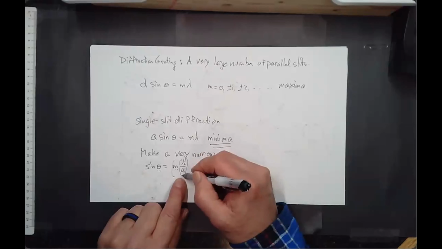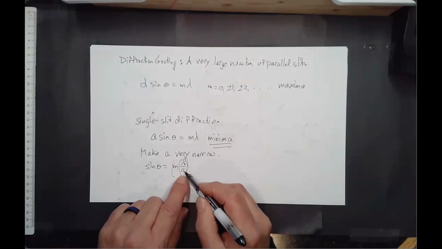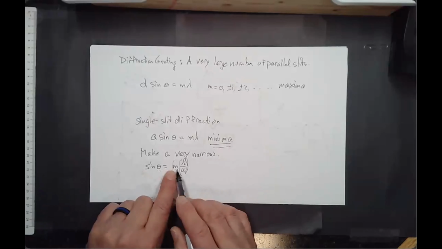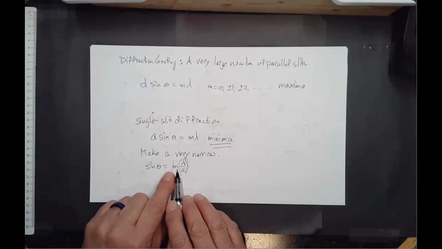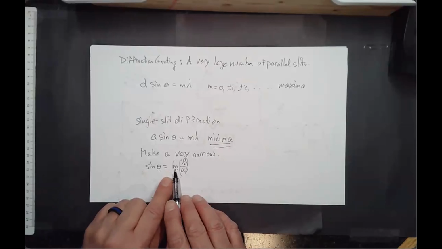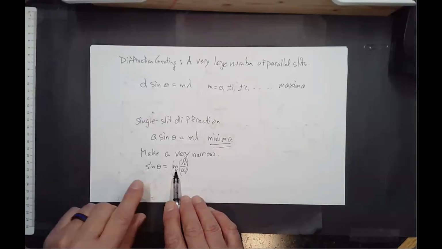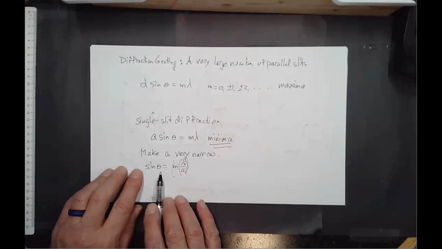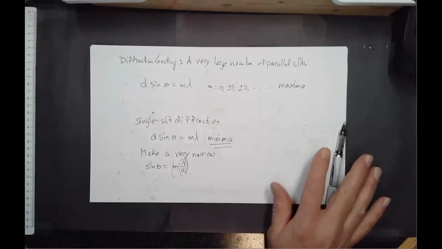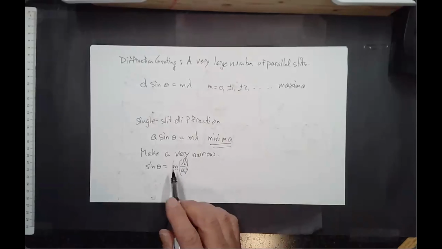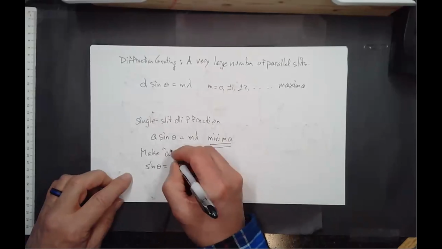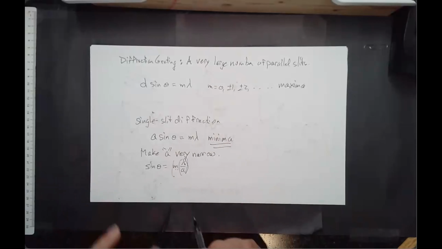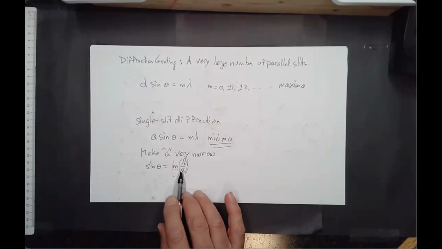But if lambda over A is equal to 1, the very first maximum you could see beyond the central maximum would have a value of 1, and that means your sine of theta is going to equal 1, and it'll be out there at 90 degrees. You won't be able to see it. So, I should say, make A very narrow. So that's something that can happen.